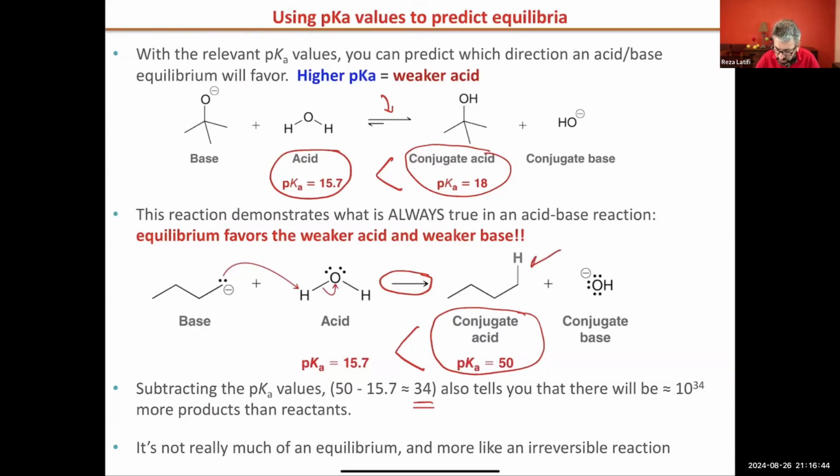It means this one is a really weak acid. In fact, this is 1, 2, 3, 4, this is butane. This is not really an acid, and that's the reason the pKa for it is like 50. Barely can you call it acidic, unless you have a strong base like this, which can take H from water or anything in front of it.